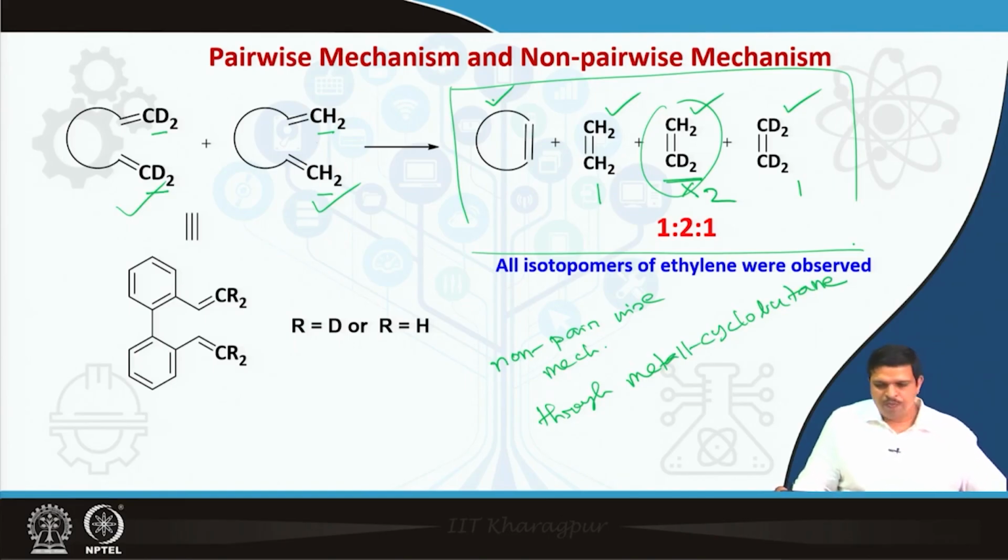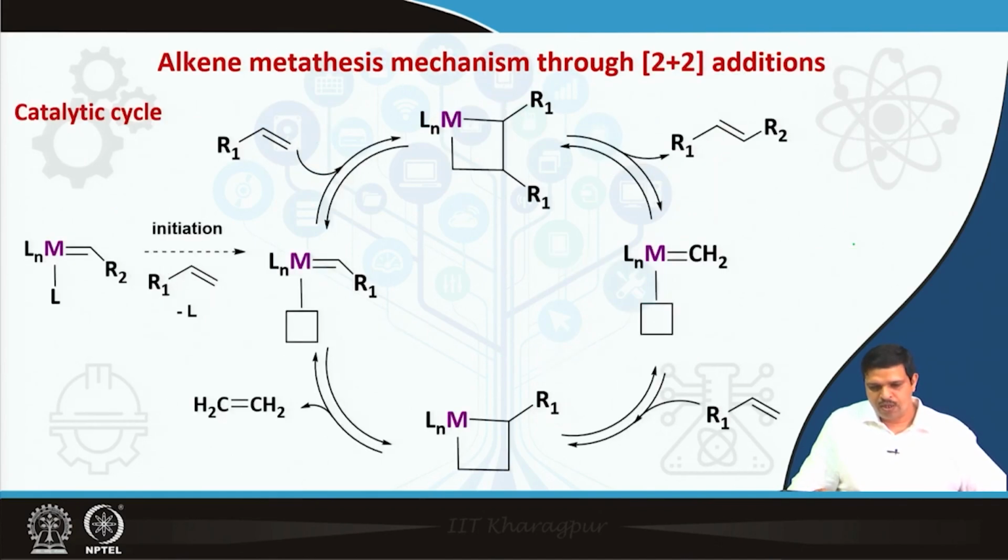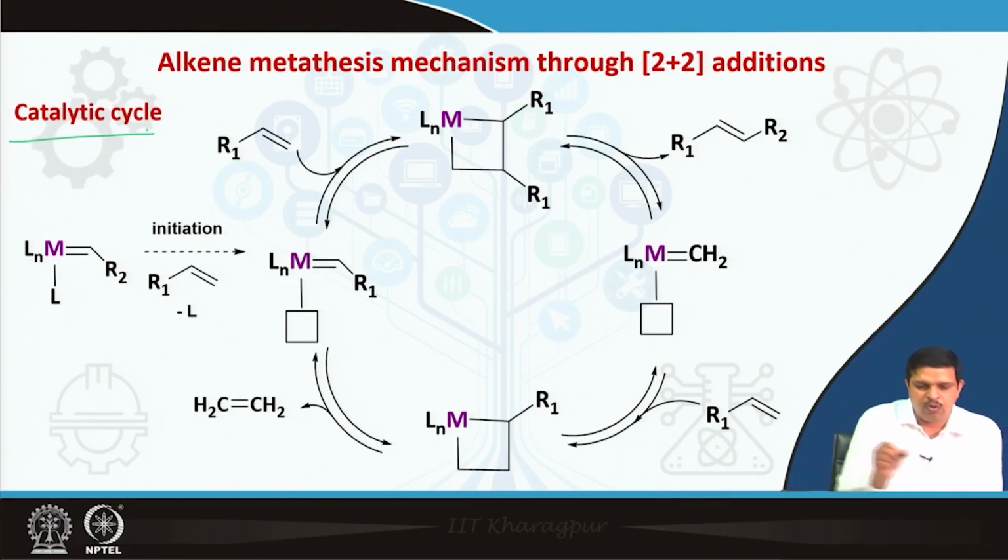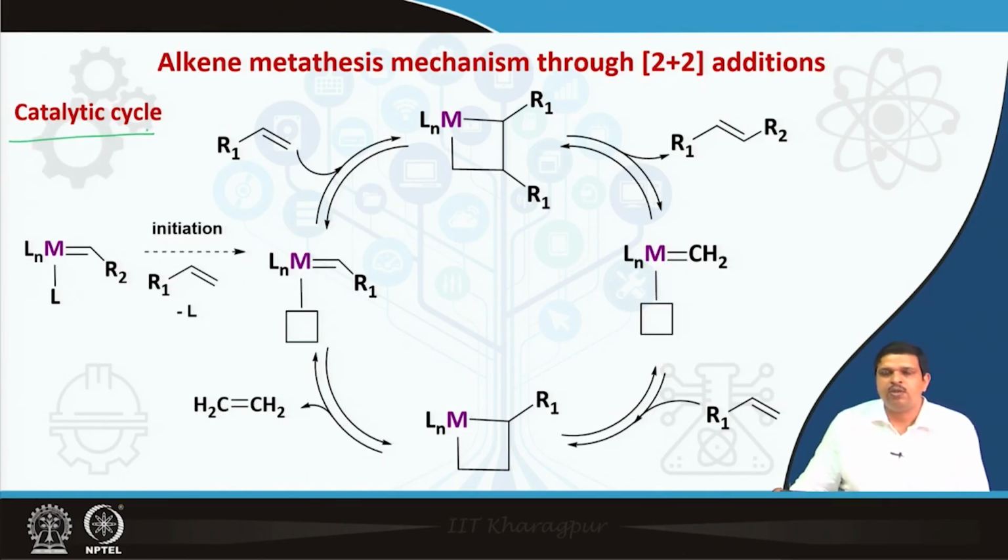Now with the knowledge of this experiment and the concept, the following mechanism can be constructed. This is called the catalytic cycle. In organometallic chemistry or catalysis, we try to construct the catalytic cycle to show that the catalyst can come back to the initial state, so that it can be reused.